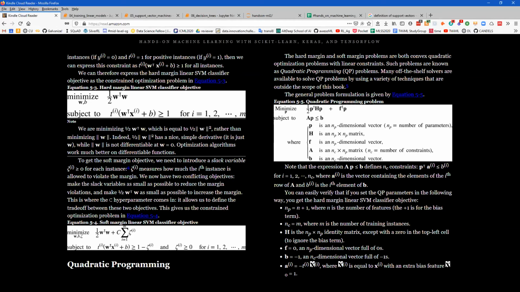So in this case, less regularization would be more variance, and more variance actually means a narrow street rather than a wider street. So I got that wrong, I guess. More variance actually means narrower street.